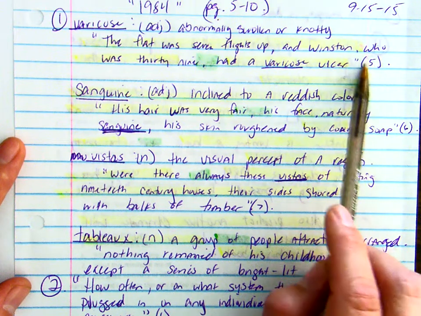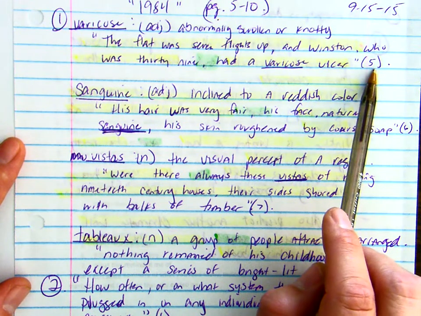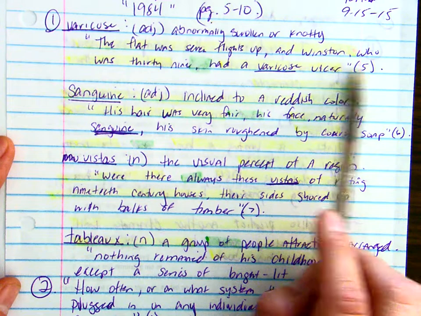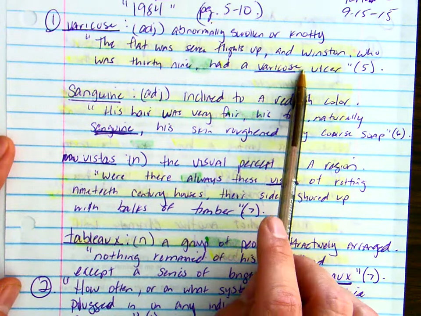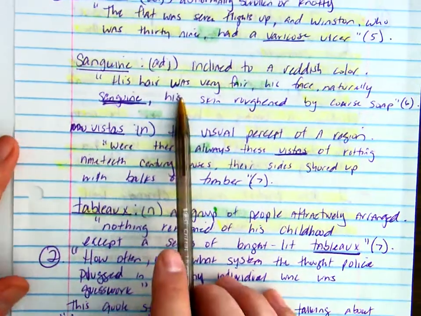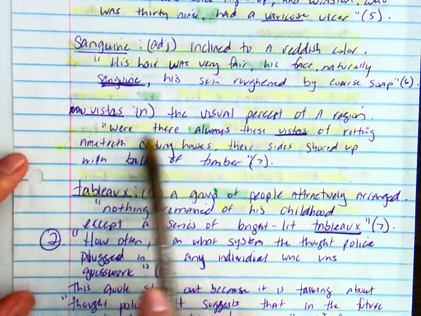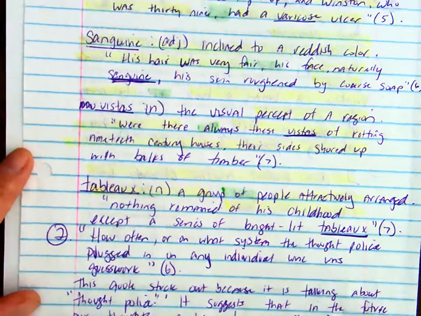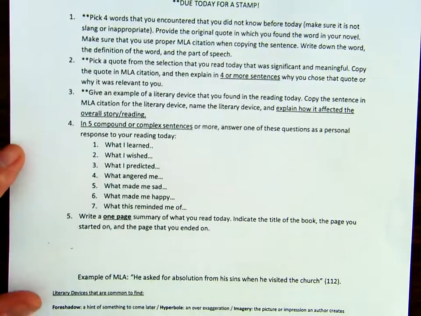And you have to put the page number like this in parentheses with a little period after it, because doing it this way is MLA style. Okay, so I did this for varicose, for sanguine, for vistas, and for tableau. Okay, then after you do that, you move on to number 2.